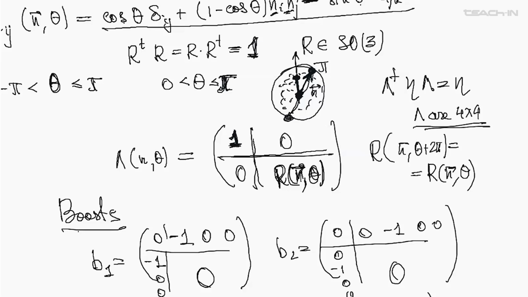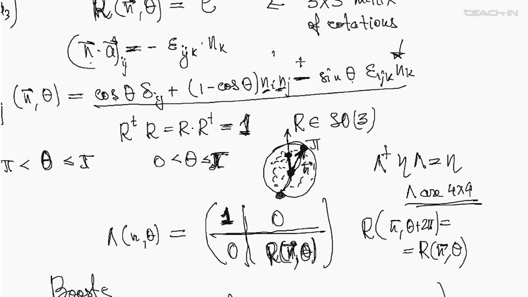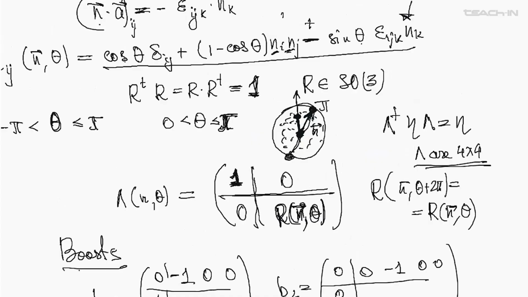This part of Lorentz transformations, which you identify with the usual three-dimensional rotations, sits inside these 4 by 4 matrices precisely in the way I'm describing here.